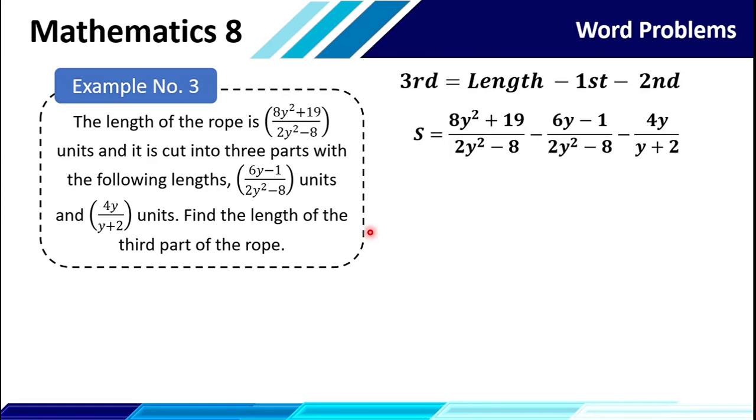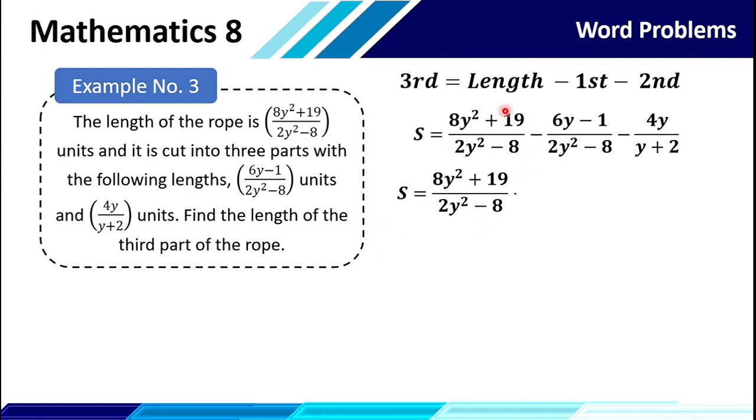To subtract these rational algebraic expressions, let's first find the LCD of 2y² − 8 and y + 2. We know that the factors of 2y² − 8 are 2, (y + 2), and (y − 2). Therefore, our LCD would be 2y² − 8.